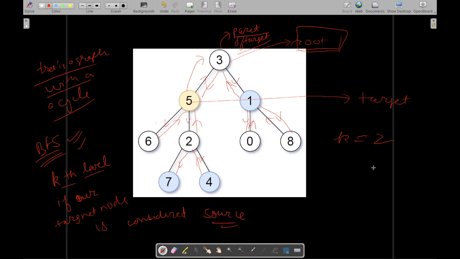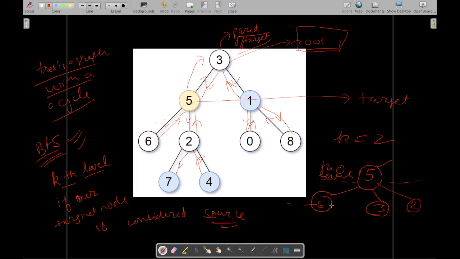What I mean to say is, for example, if you consider 5 as the source from where we will be starting our BFS, this is level 0, the 0th level. Then the neighbors of 5 are 6, 3 and 2.